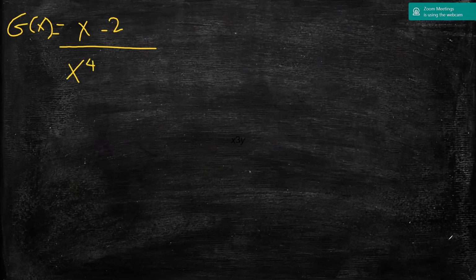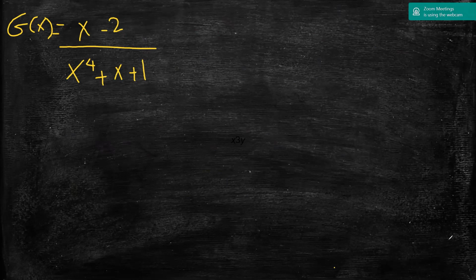Now, if you know that g of x is x minus 2 over x raised to the power 4 plus x plus 1, here now we have to use the quotient rule.